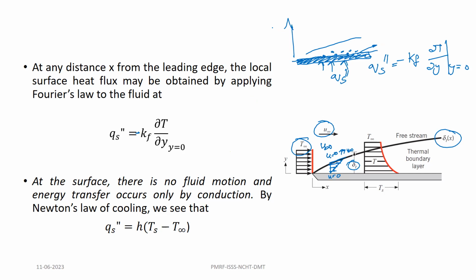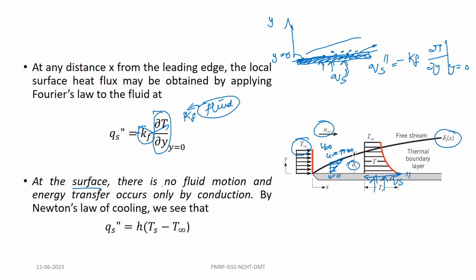If you take Y equal to 0 as this point, dT by dY at Y equal to 0, given a temperature profile, gives the temperature gradient at the base plate. So whatever heat flux is applied, you can write it like this. Note that this is K of the fluid layer. The fluid also has a thermal conductivity. That heat conduction should be balanced with the convection condition.